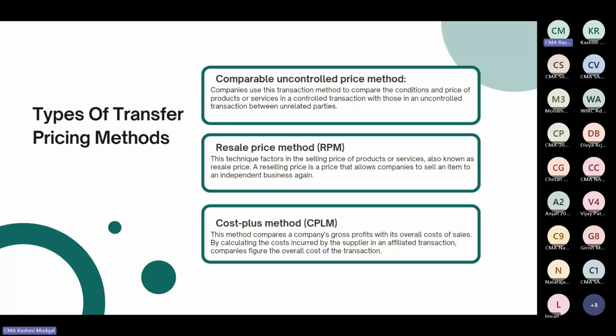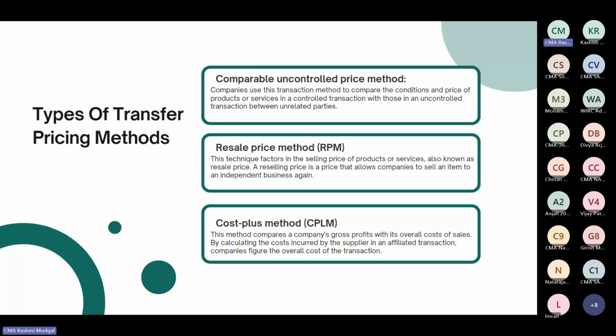Companies use the transaction method to compare the conditions and price of products and services in a controlled transaction with those in an uncontrolled transaction with an unrelated party. So here I compare what I am doing with my subsidiary or related party and what I am doing with the unrelated party.